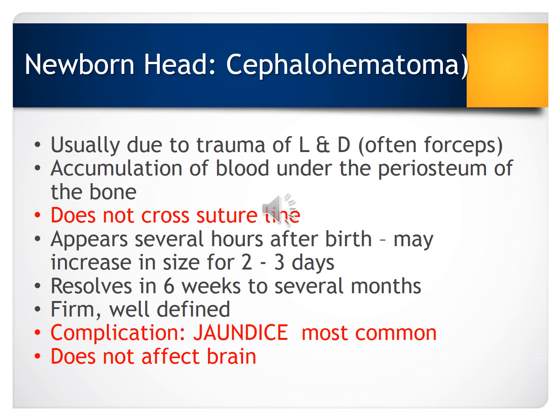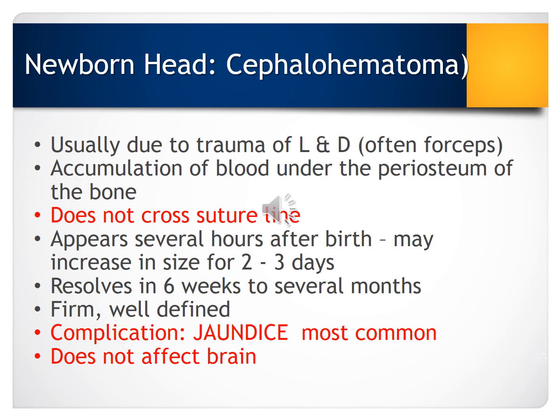It stays in the periosteum area of one particular bone plate. If you have a cephalohematoma on the right frontal plate, it's not going to cross that suture line and extend into the left frontal plate. It stays in its area, whereas caput crosses the suture line.